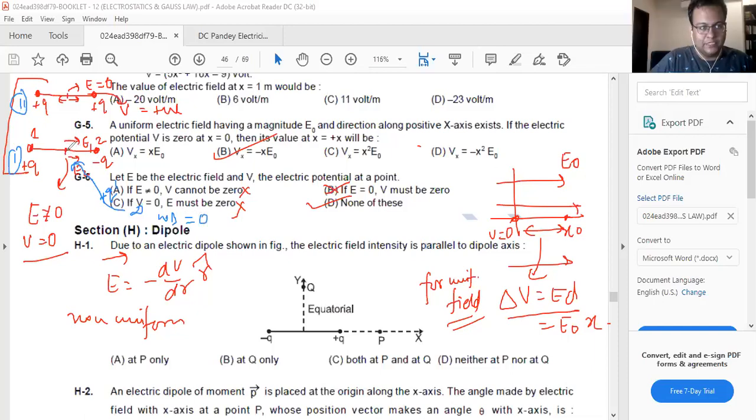But here I cannot release the charged particle. I'll have to hold it. Why? Because there will be an electrostatic force which you have to balance to keep the charge at rest. So in the journey no work was needed, but when you reach the destination, you'll have to hold the charged particle.